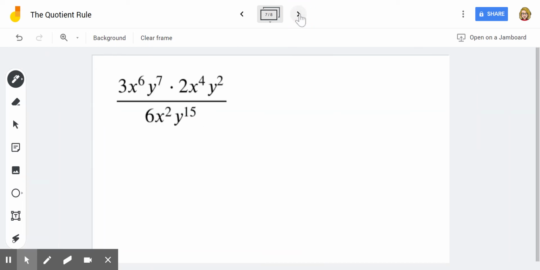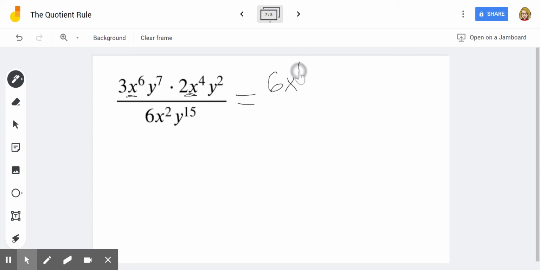So let's look at this first example. We're first going to do the product rule on top. We have coefficients on the top, so we need to multiply them. 3 times 2, that's 6. And with your x's, I have x to the 6th and x to the 4th, so add them.